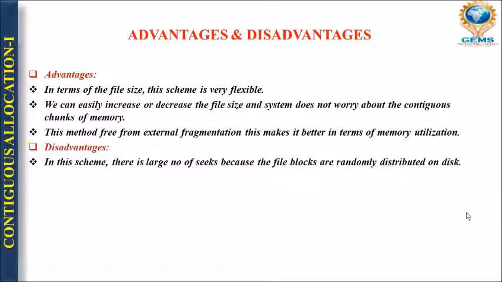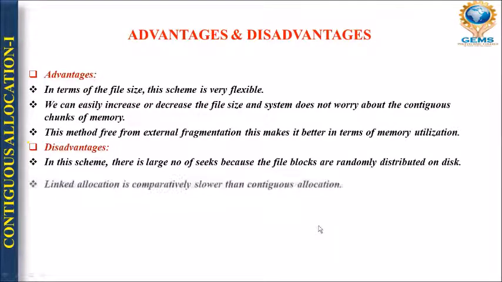So there is a large number of seeks because file blocks are randomly distributed. अब इसको समझिए बार बार. अगर कोई फाइल सीक्वेंशियली स्टोर होता तो वहां पे हमें किसी चीज को ढूंढने की जरूरत नहीं पड़ती, लेकिन यहाँ पे मेमोरी को यूटिलाइज किया जा रहा है, और मेमोरी को यूटिलाइज करने के चक्कर में एक फाइल को अलग अलग प्लेस पे हम लोग स्टोर कर दे, जो कि अलग अलग लोकेशन में. लोकेशन इज रेंडमाइज. सो व्हाट इज गोइंग टू बी हैपन, वी हैव टू चेक आउट ईच एंड एवरी ब्लॉक. That is why seek time will be increased, right?